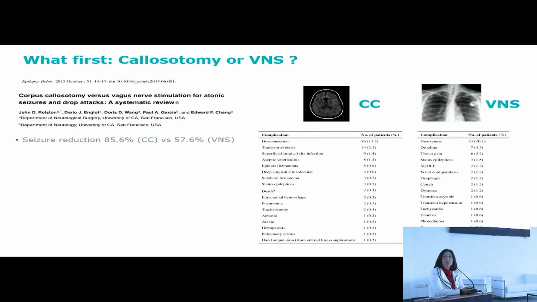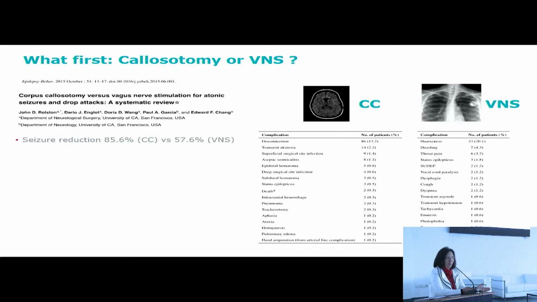And of course, the VNS is not without side effects either. Also, a story out of my life: I go to an event of our Epilepsy Foundation with patients, and one of my patients feels very honored to walk at this epilepsy walk with me. So I walk with her, and she has a VNS. Every 3 minutes, her voice just gets very hoarse.